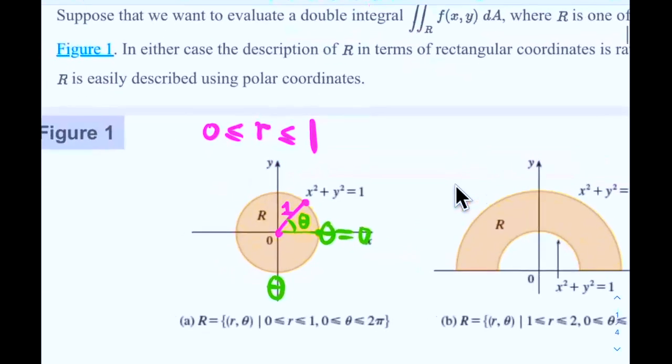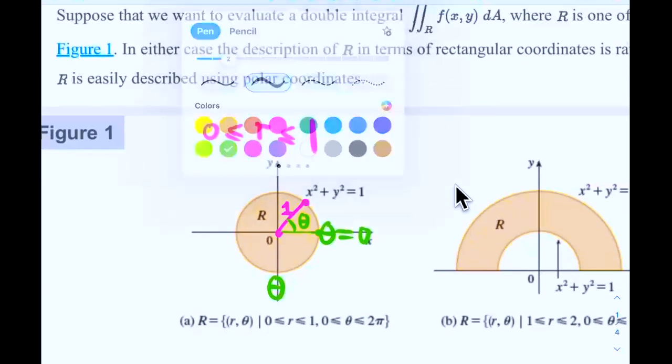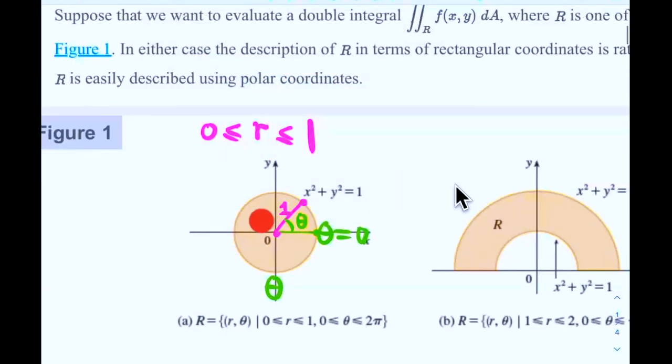As the point rotates, theta increases, and when you finish one round, theta is equal to 2 pi. So theta is greater than or equal to 0 and less than or equal to 2 pi, and then you get the whole circle.